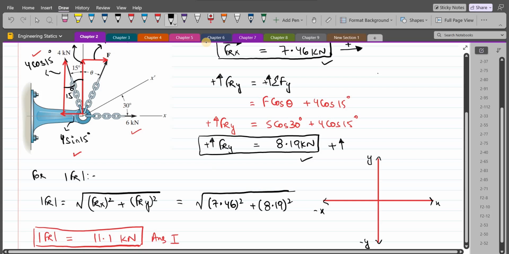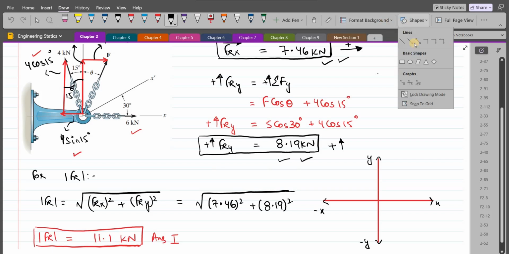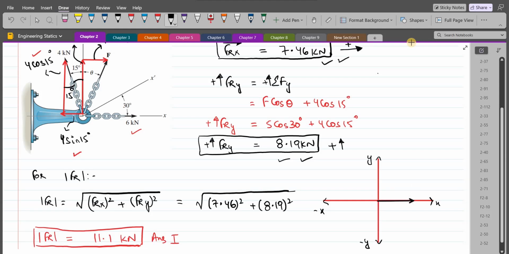The FRx is directed in the positive x-axis and the FRy is directed in the positive y-axis. So by the head-to-tail rule of vector addition, we have FRx, FRy, and the resultant will be drawn from the tail of the first vector to the head of the last vector. So this is FR, this is FRy, and this is FRx.